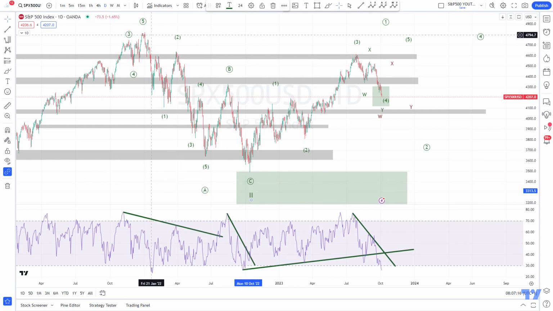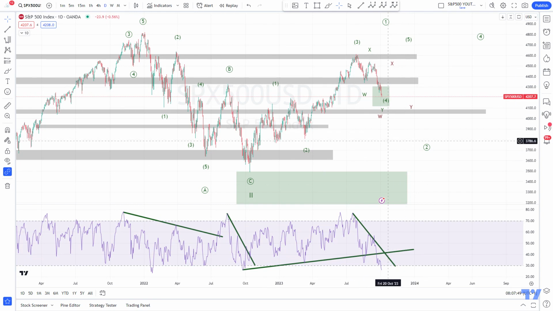So this here could be a flat structure: 3 waves, 1, 2, 3 as our wave A, then a wave B up here, as an ABC. Then we have the A, B, C wave, and the fourth and the fifth wave are never coming. Instead, we go down impulsively as a wave C, and then we have 1, 2, and then we are working on the 3, 4, 5.